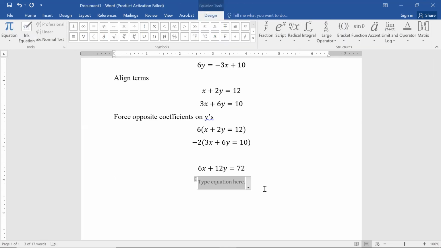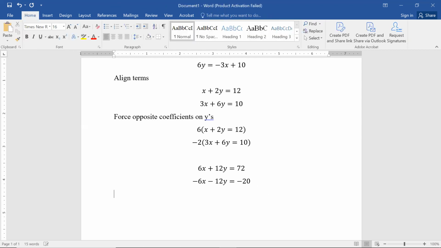And in the second equation, we end up with -6x minus 12y equals -20. Now we have opposite coefficients on the y's, so we need to add the equations together.